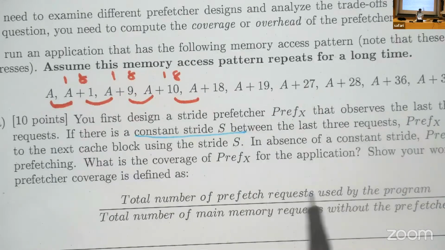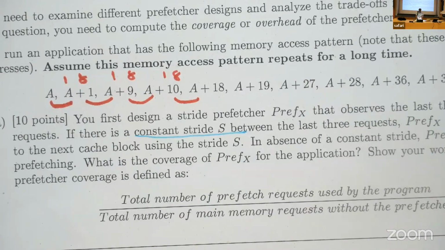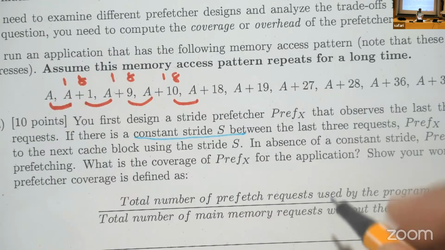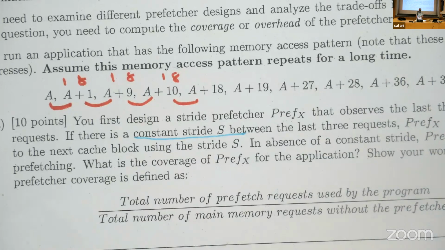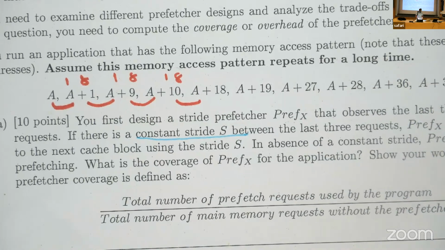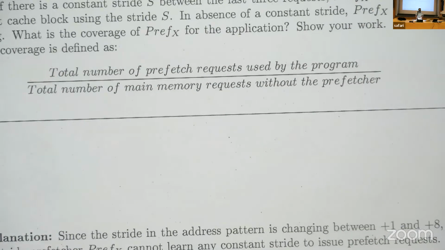So the question is asking about the coverage of prefetch requests here. The coverage means the total number of prefetch requests used by the program over the total number of main memory requests without the prefetcher. And as it will not issue any prefetch requests, the answer is 0 here. I'd like to show you the answer sheet as well.